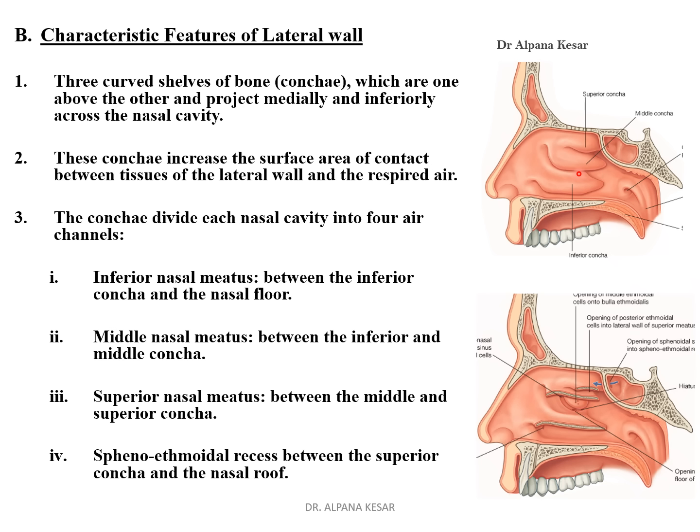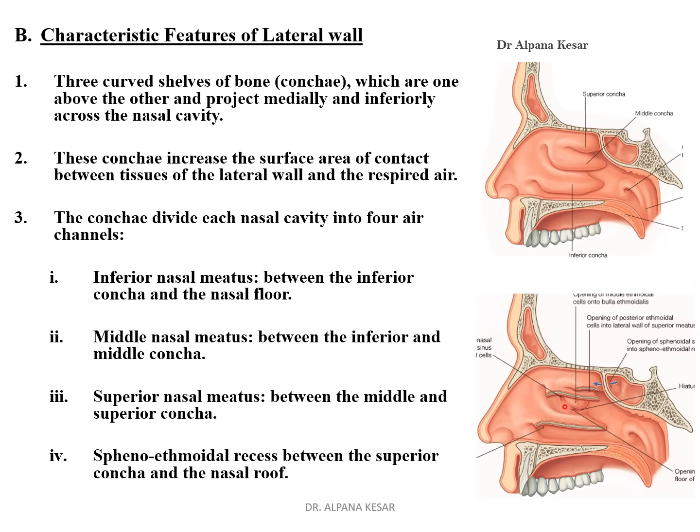These conchae divide the lateral wall of nose into 4 air channels. They are the inferior meatus, middle nasal meatus, superior meatus, and sphenoethmoidal recess. The inferior meatus is present below the inferior concha.